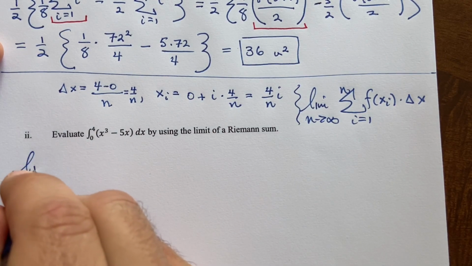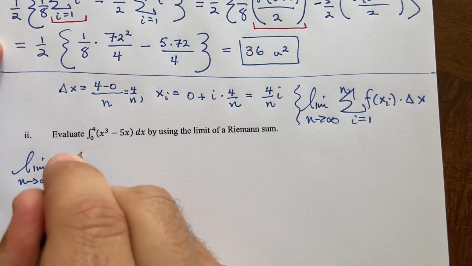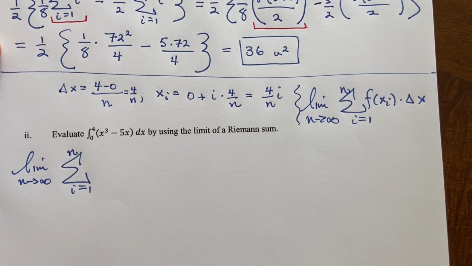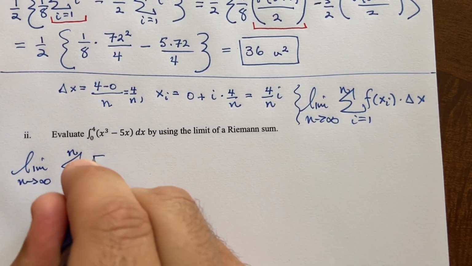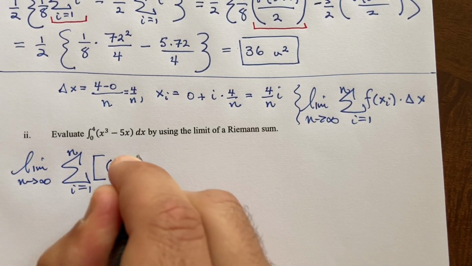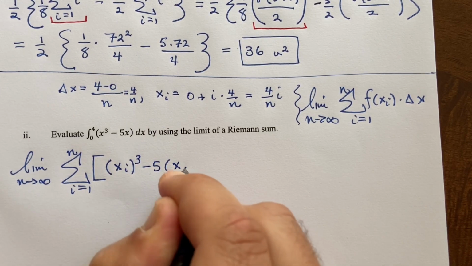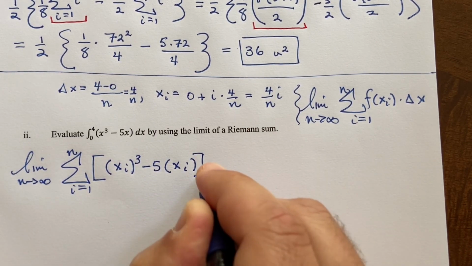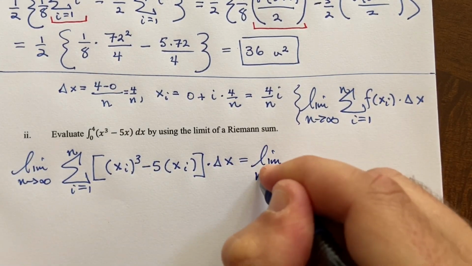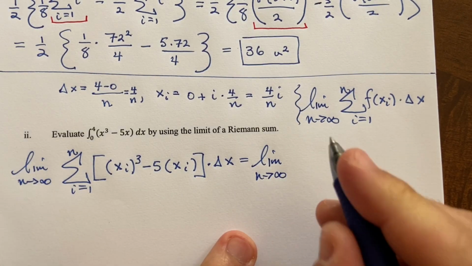We have the limit as n goes to infinity of the sum i goes from 1 to n of, well, I'll just write it in steps, x sub i cubed minus 5 times x sub i. And then we would need to multiply by delta x.